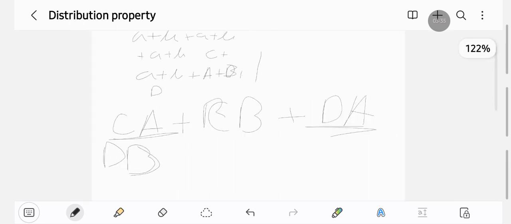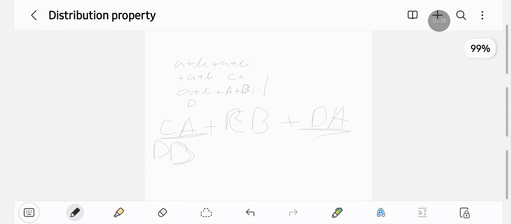Okay, now we got our certain answer, ca, cb. If you see, it just followed the FOIL method, but from right to left instead of left to right. It wrote ca, c times a was added, cb, c is getting multiplied with a and b.